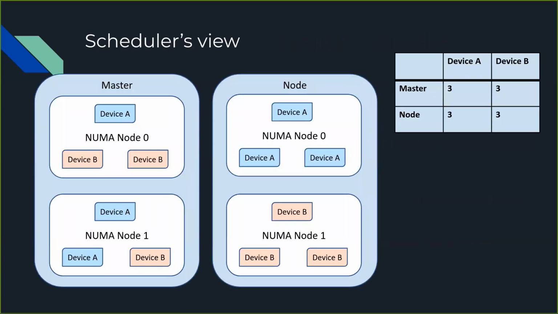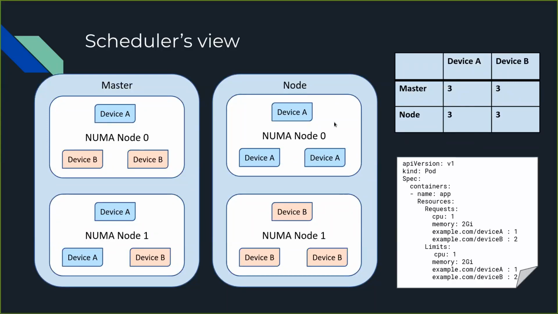So this is an example that I want to explain. In this case, we have a 2-node cluster. From the scheduler's point of view, both nodes have 3 instances of device A and 3 instances of device B. It doesn't have visibility of what NUMA nodes they are on, and that's the reason this problem happens.